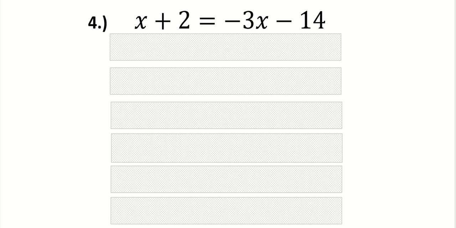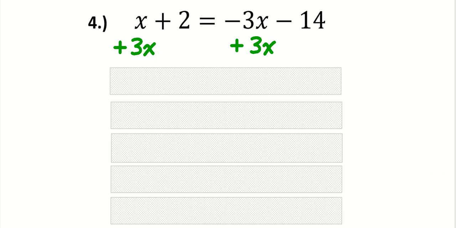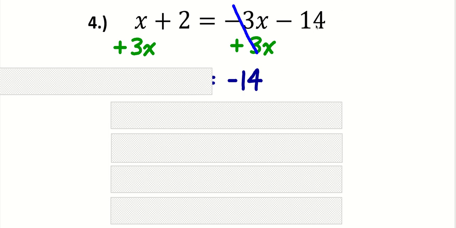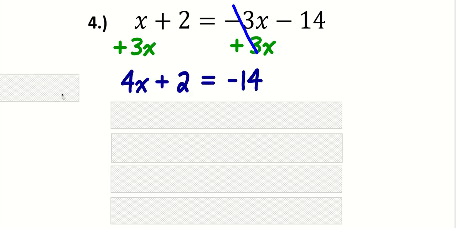I don't think there's too much here. Which one's smaller? This is really 1x, and that's negative 3x. So if you're going to move the smaller one to get x only on one side, you'd be adding, because that's what's going to cancel out minus 3x. So the right side is only going to be the negative 14. And then over here we're going to have 1x plus 3x, 4x, plus 2, right?